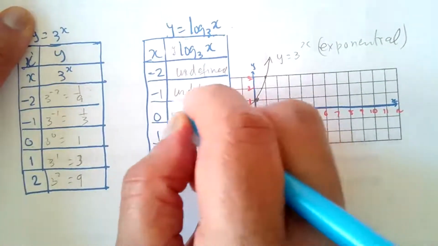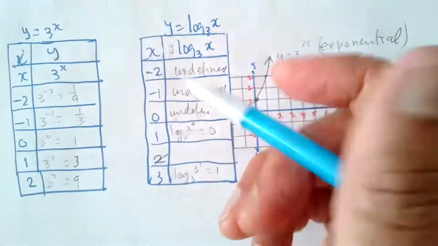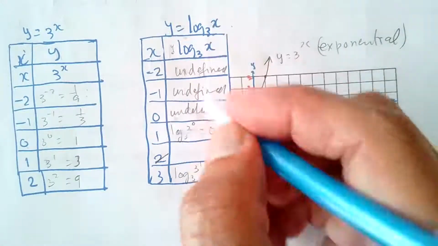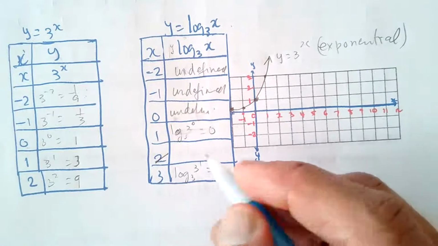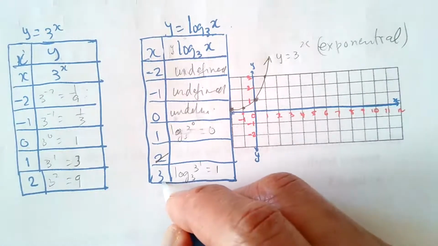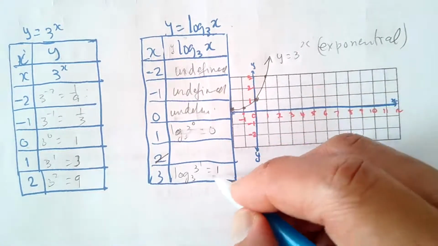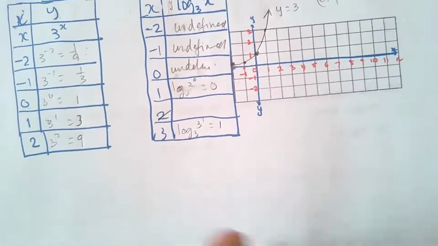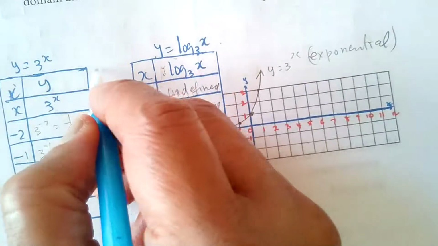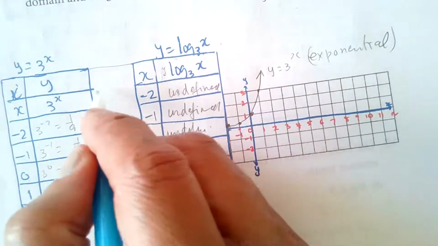You see, I can show you, if you try this, it will work, but remember these are all undefined. For example, 3 to the 0 here will give us 1. So we can see our graph here, but we'll create another table of values using this now as our x values.